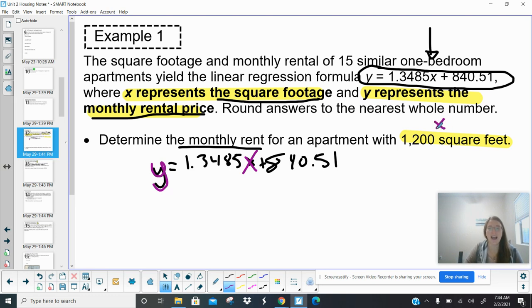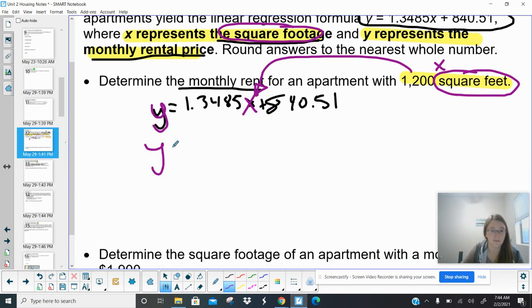This is X because X represents the square footage. So what this means is this is going to go in for X to solve for Y. So that's how you want to attack these questions: ask yourself, am I plugging in for X, or am I plugging in for Y? If you make a note to yourself off to the side, you might want to do that. We are plugging in for X because X is square footage and this says square feet.